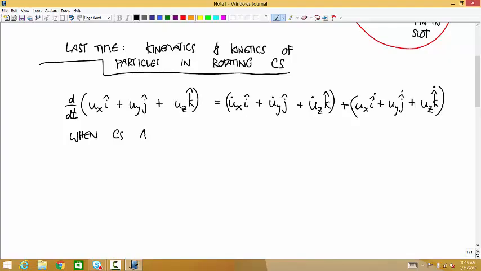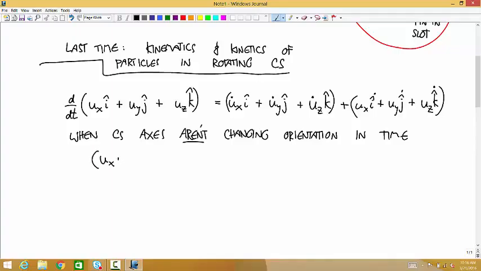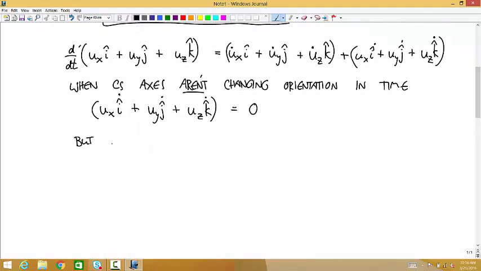When the coordinate system axes are not changing orientation in time, then all this stuff, the ux times i dot plus the uy times j dot plus the uz times k dot is equal to 0, because if i, j, and k aren't changing, then their time derivatives are 0. But in a rotating coordinate system, we have to deal with those terms.